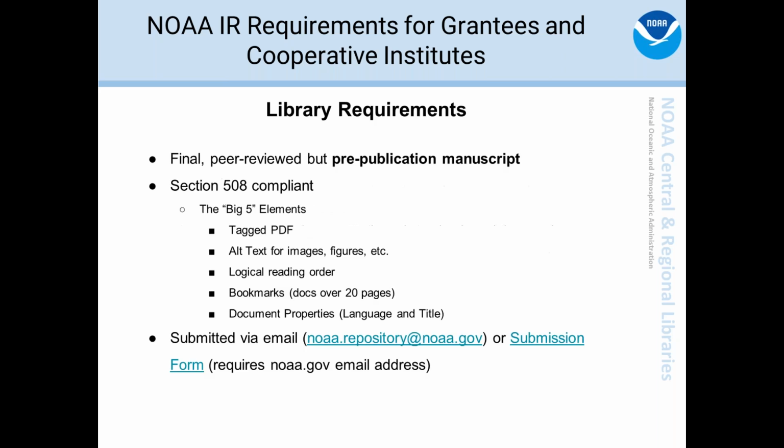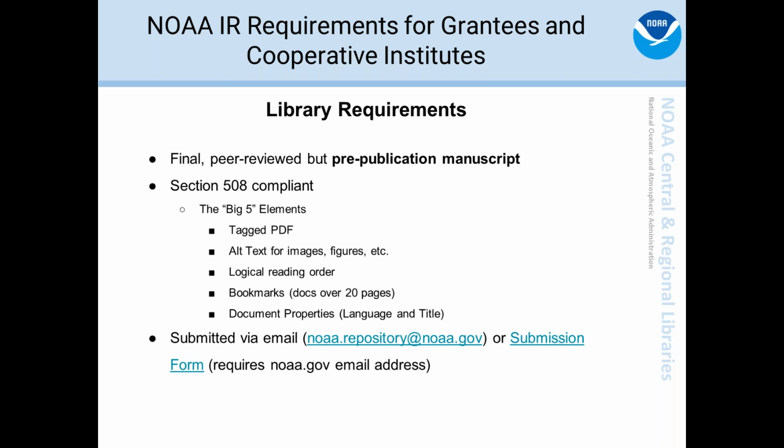So what you need to send the library, and these are the library requirements. We all know you have to send these things to us now. So what do we ask of you? Per PARR, the library, we manage, maintain, developed the institutional repository. So for manuscripts, again, I'm going to reiterate it.